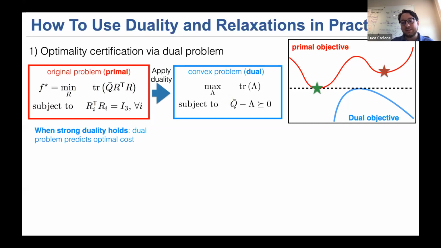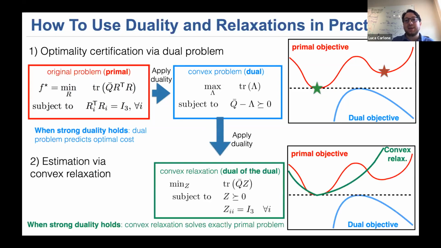Something pretty interesting is that if you have the primal problem and you apply duality, of course, you get the dual problem. If you apply duality to the dual problem, in other words you get the dual of the dual, you get another problem, which is a convex relaxation.